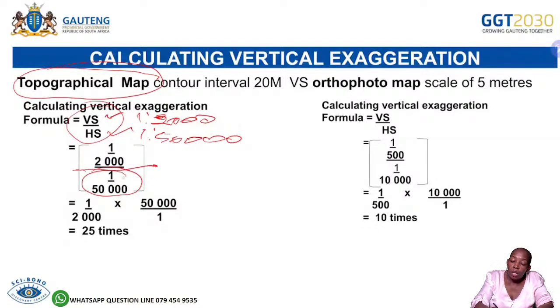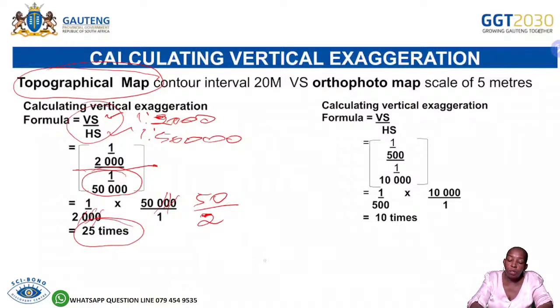So the cross multiplication of this, because you must divide the bottom by the top, you say 1/2000 times 50,000 over 1 there. So all these zeros, they cancel each other. 3 zeros are cancelled there. So we end up having 50 divided by 2. So this would give us this answer, which is 25 times.